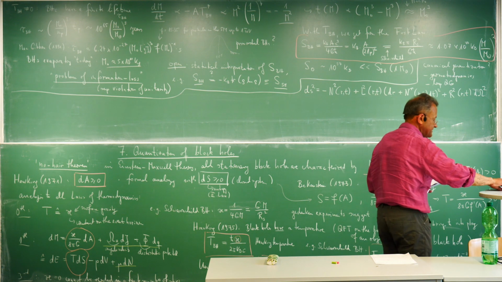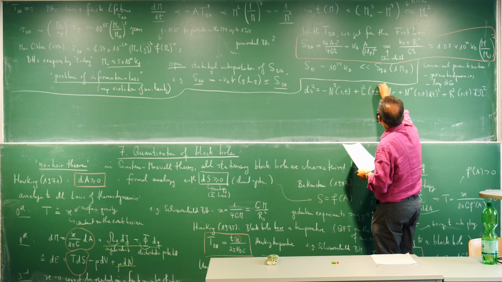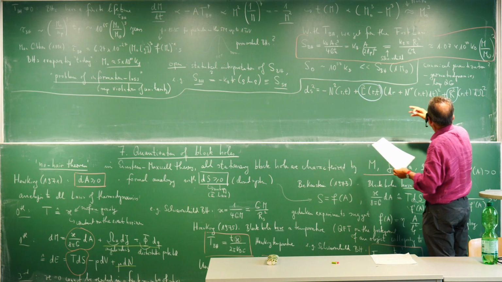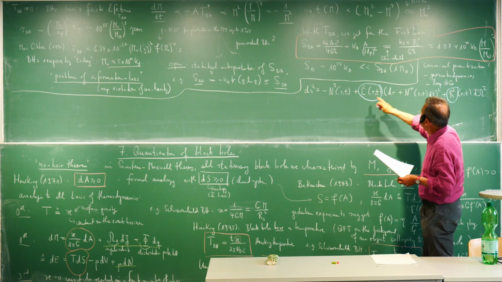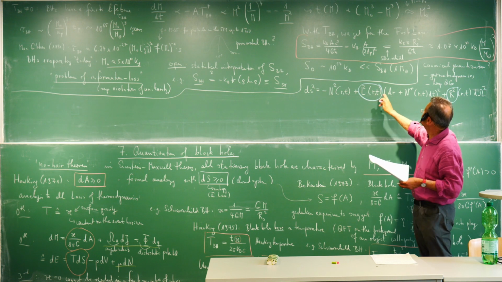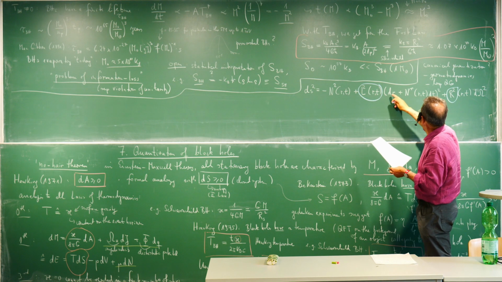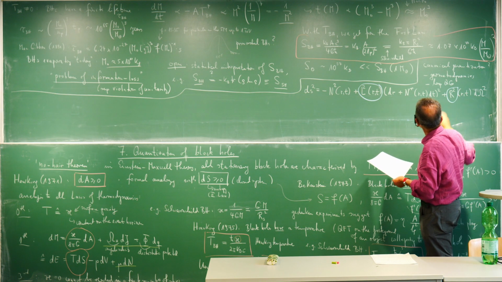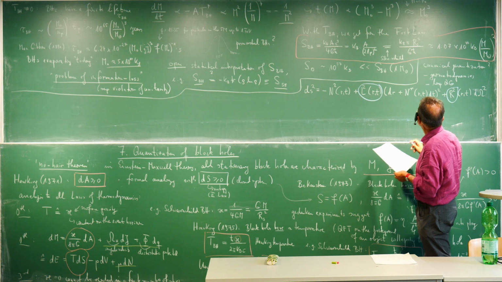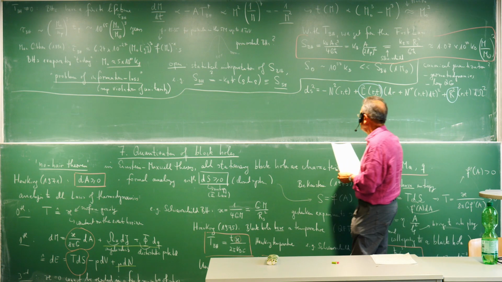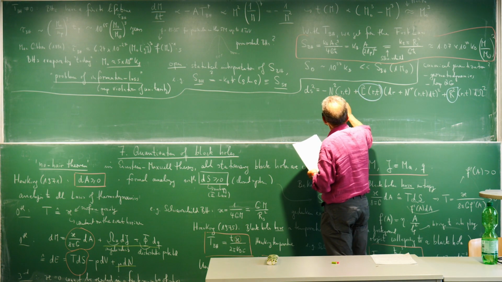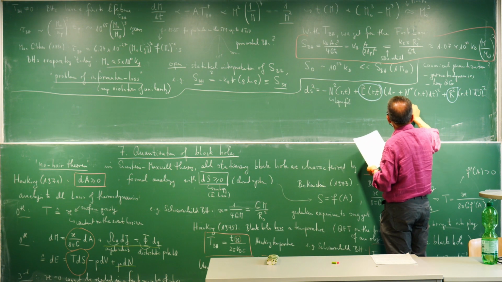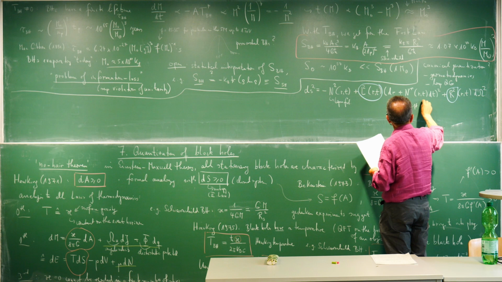So out of the 3-metric, because of the symmetry, only these 2 functions are left: the function in front of dr squared, and this curvature radius R in front of dΩ squared. And that's the lapse function, and this is only a shift function, not a shift vector.